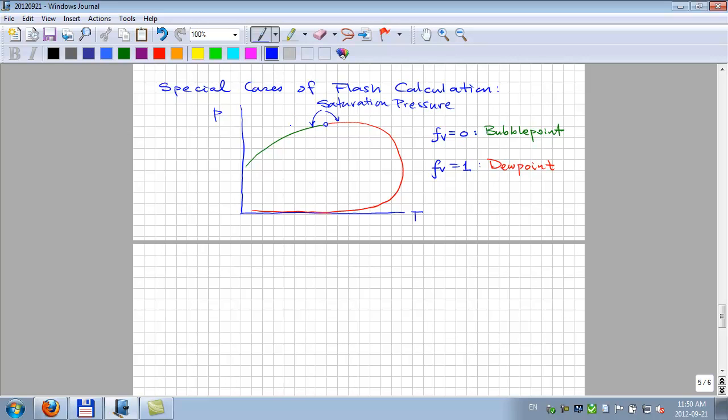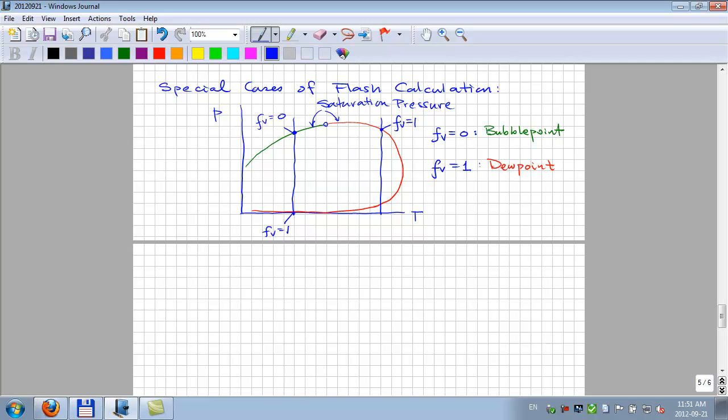So if we do this calculation, for example, at this temperature here, we could search for this pressure where F of V is equal to 0, or we could search for that pressure where F of V is equal to 1. I could pick another temperature out here. I could search for this condition, which is F of V equal to what? 1.